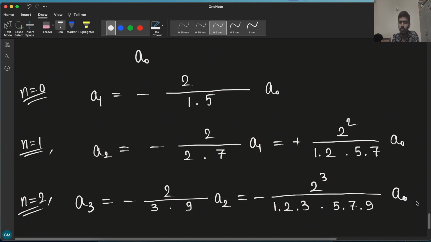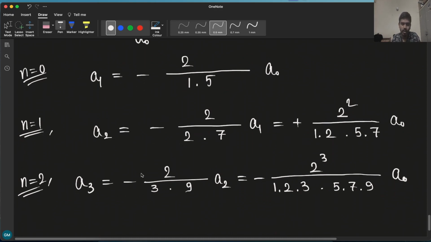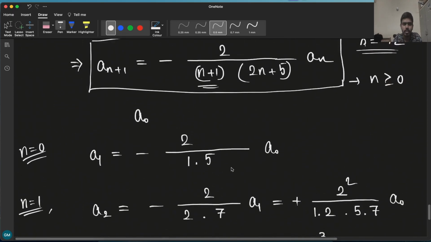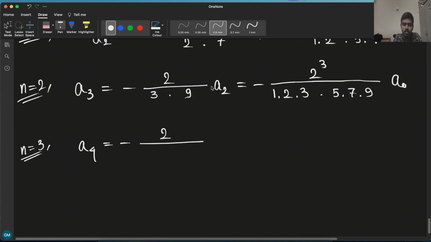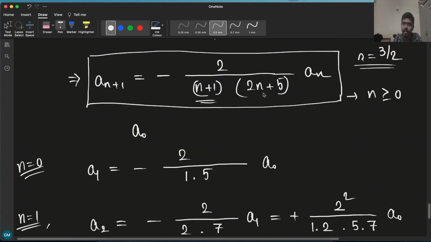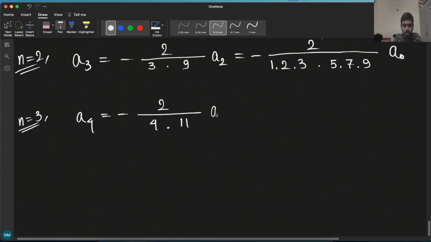Now you can see it is following a pattern. For a3 it will be 2 cube, 2 to the power 3, divided by 1 times 2 times 3, and then 5 times 7 times 9 times a0. Similarly, if I put n equals to 3, it will give me a4 equals to minus 2 divided by, n plus 1 is 4, so 4 times, and 3 times 2 is 6, 6 plus 5 is 11, a3.